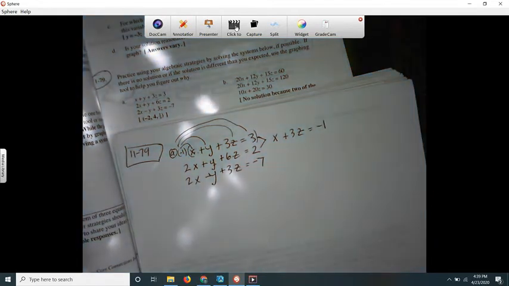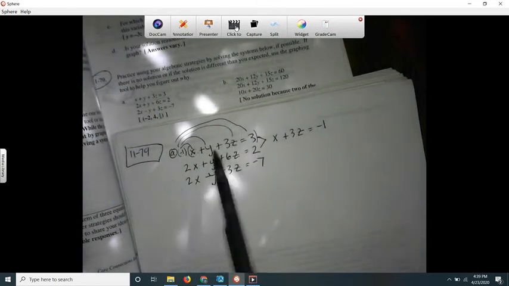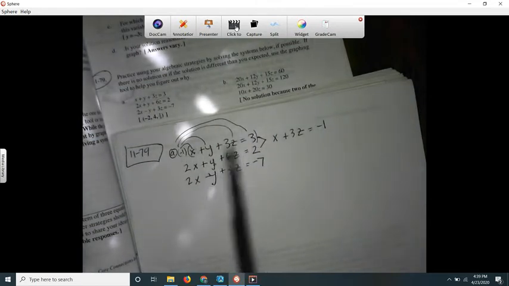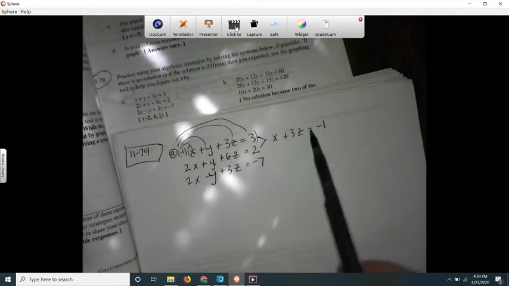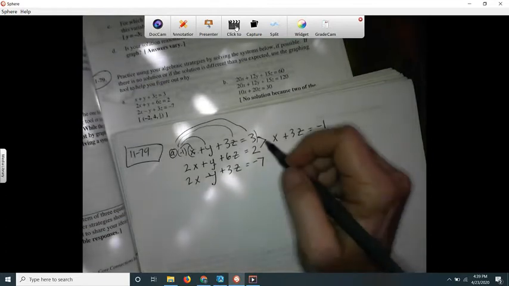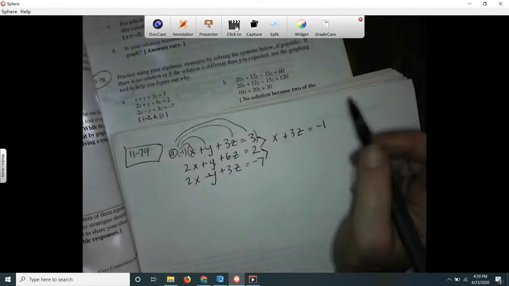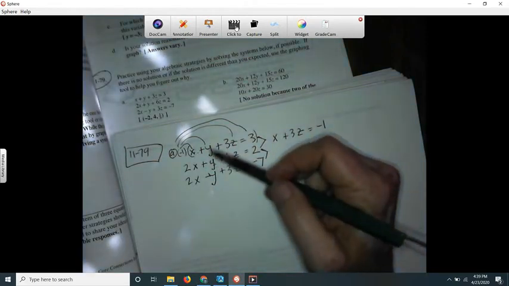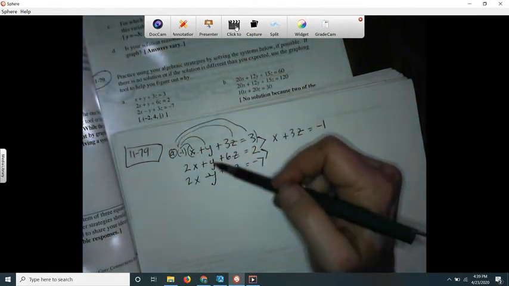So what I did is I have 3 equations and 3 unknowns. I took 2 of the equations and eliminated one of my variables so that now I have an equation with 2 unknowns. So I have to make sure when I do these 2, I want to eliminate, here I eliminated y, so here I also want to eliminate y.